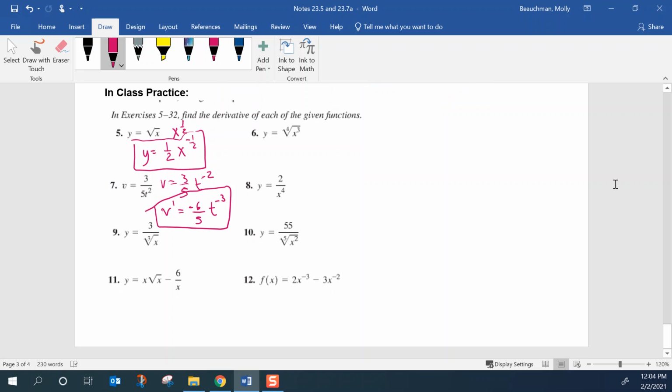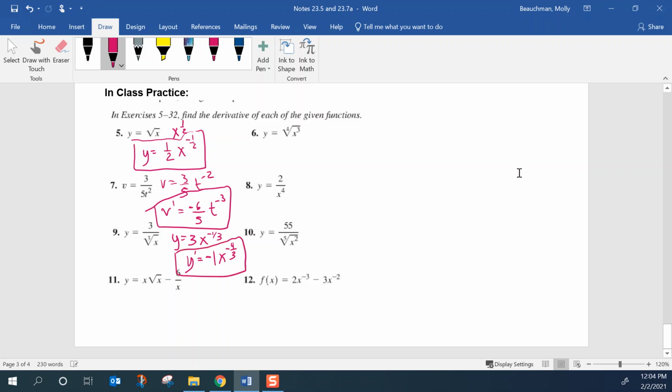Next example, number 9, that's x to the power of a third. When I take x to the power of a third and write it in the numerator, that's going to be 3 times x to the power of negative 1/3. So when we take the derivative, we're going to end up with negative 1/3 times 3, which is negative 1, x to the power of negative a third minus 1, which is negative 4/3.